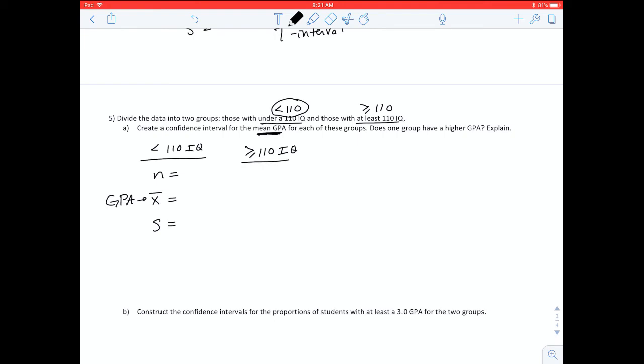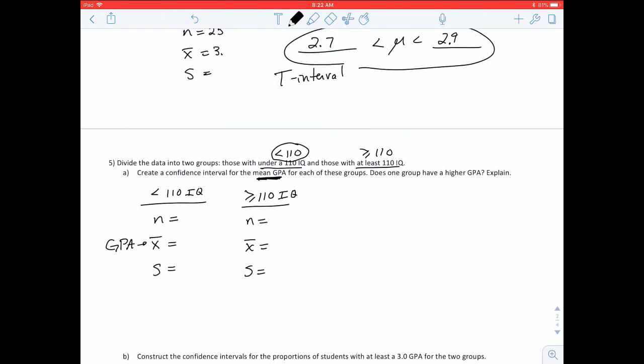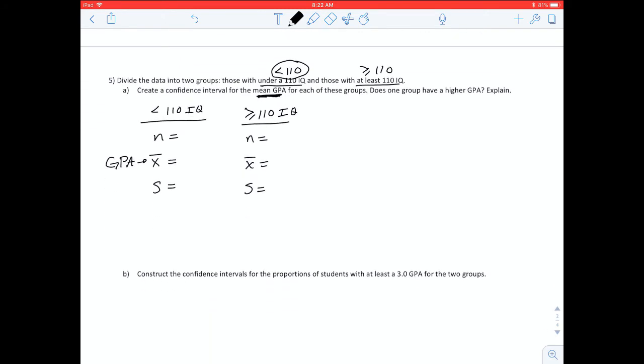So for the other one, you had their GPAs in a list, so you write down the sample size, what's their average GPA, and what's the standard deviation. And then you can use the t-interval, like this one, on each one.